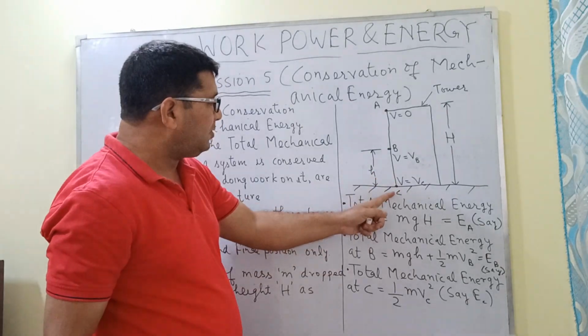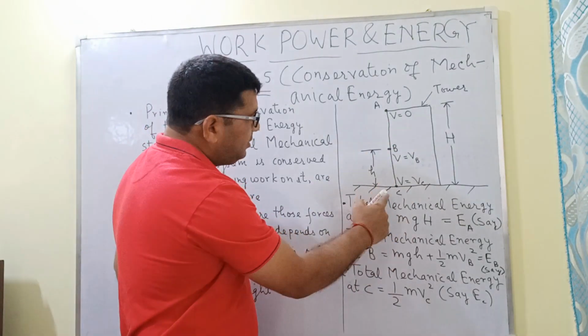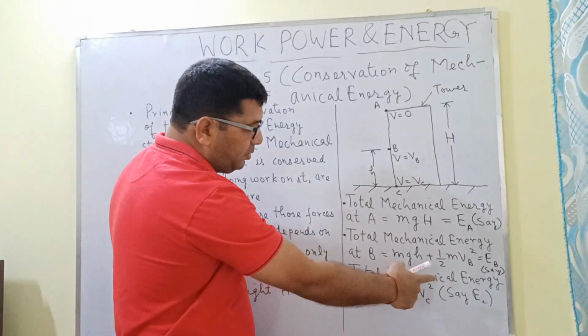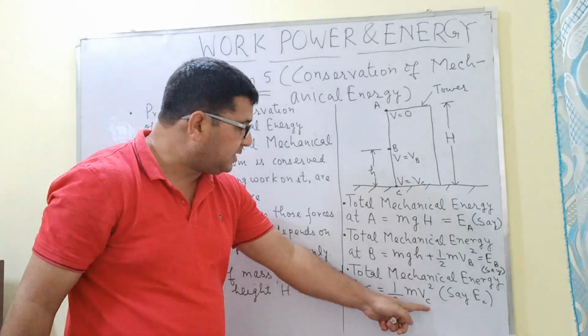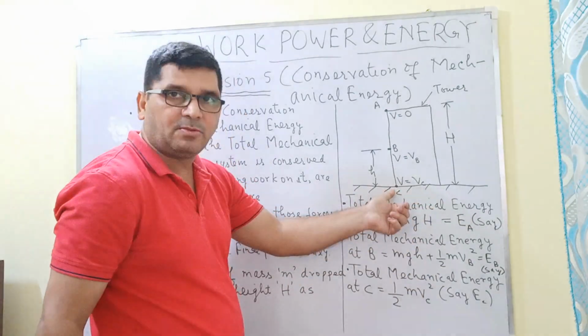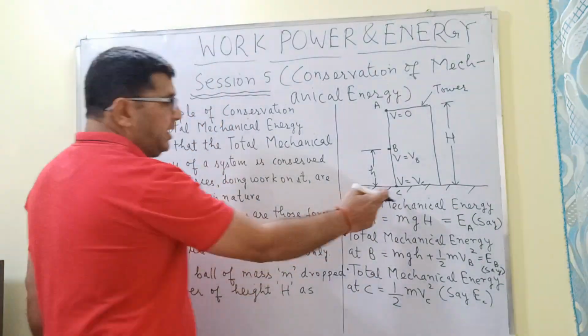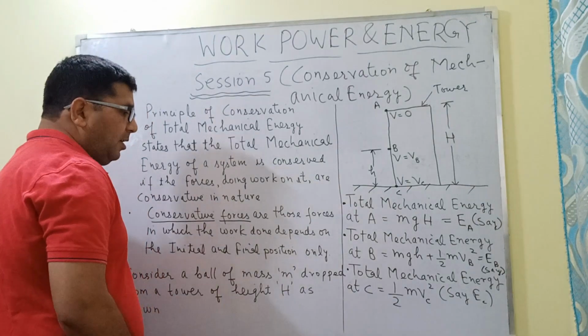Now when it comes down on the ground, at this point the total mechanical energy of the ball will be equal to half m vC square, where vC is the velocity of the ball when it touches the ground. So at this point C, the potential energy of the ball will be equal to 0.